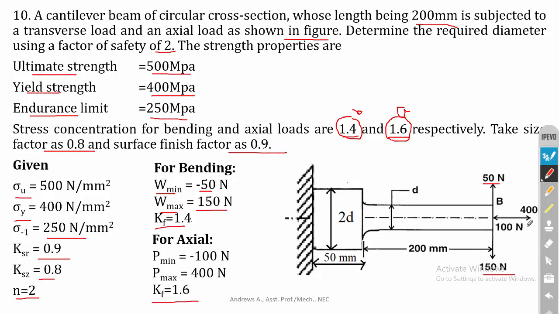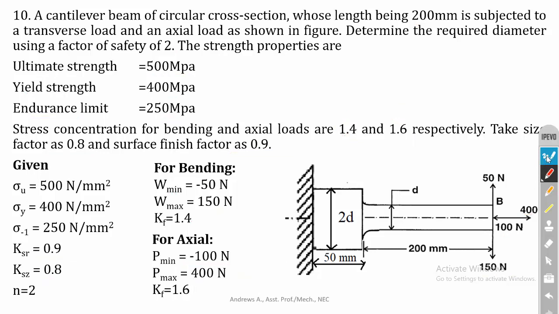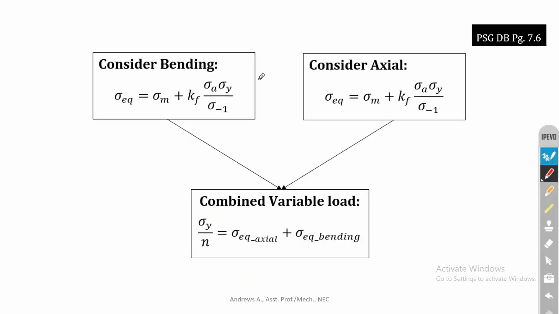Now coming to the axial load, two loads are there. One is 100 Newton and the other one is 400 Newton. We know that for axial the minimum is in negative direction. So P minimum is equal to minus 100 Newton and P maximum is equal to 400 Newton. So one part of the problem is bending and the other part is axial.